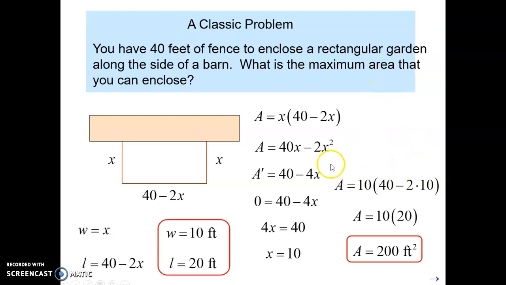Now on this PowerPoint, I actually don't do it here, but we really should always check to make sure that this value is a maximum value. We can easily do it by taking the second derivative here. The second derivative of this function is equal to -4, which tells me the function is always concave down.